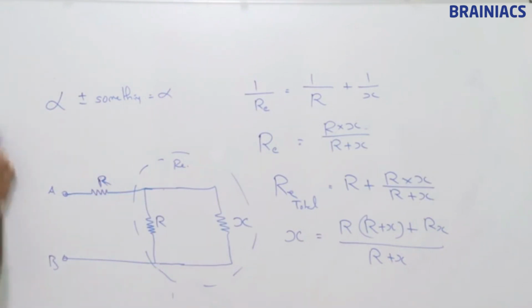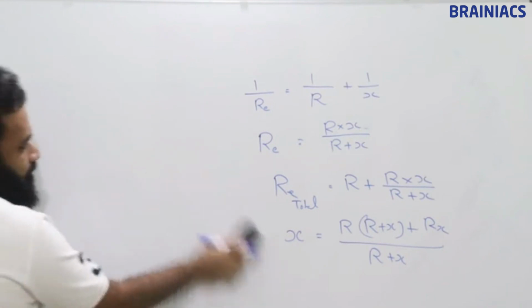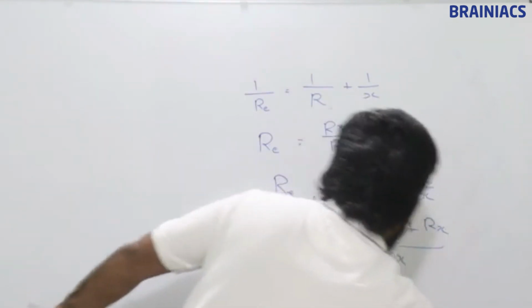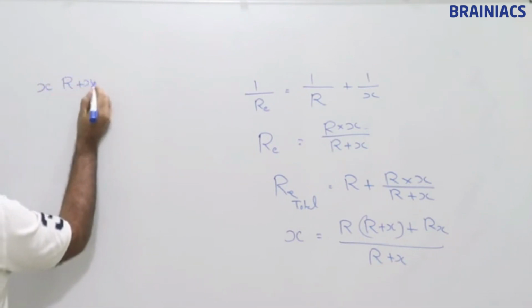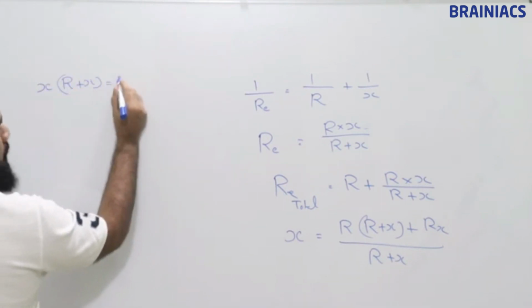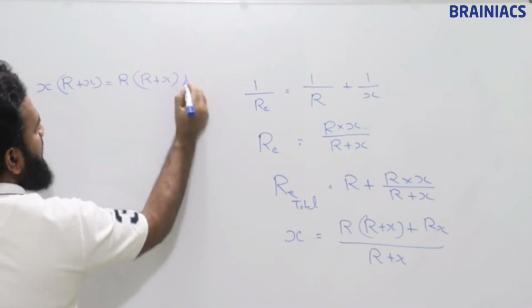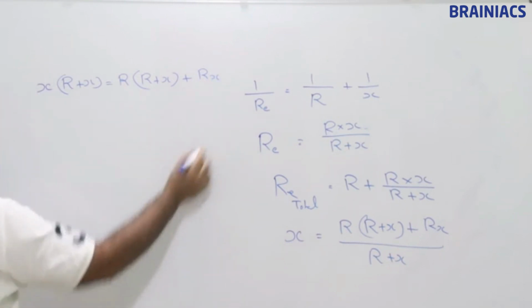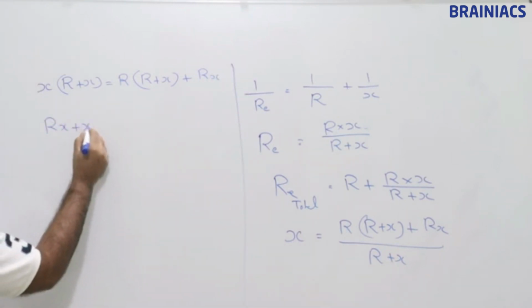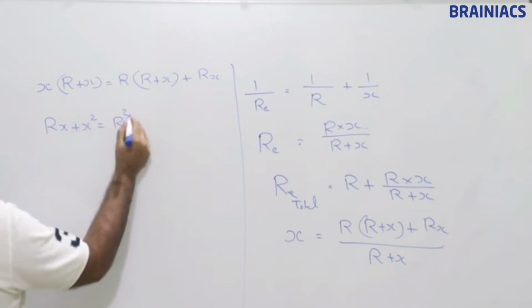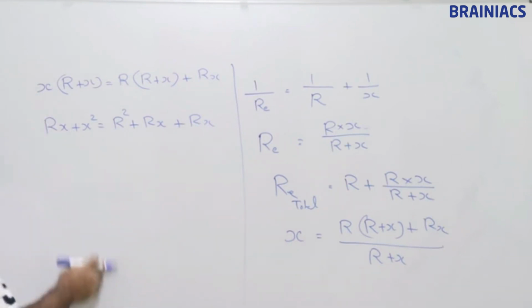Note down. So X into R plus X is equal to R into R plus X plus Rx. Simplify this. So Rx plus X square is equal to R square plus Rx plus Rx.